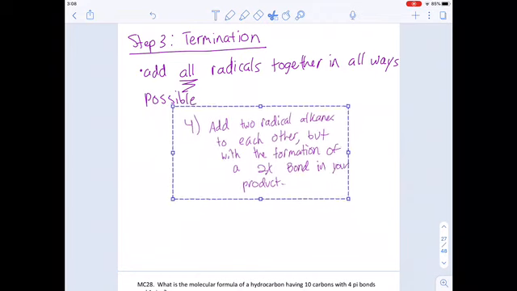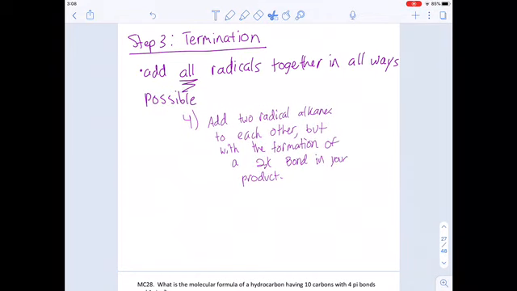So, for example, using the less complex one, you're going to incorporate a hydrogen, not a terminal hydrogen, but one that's next to the radical.